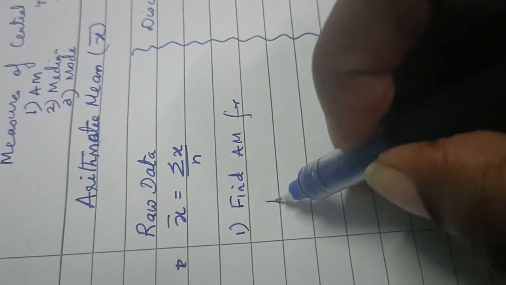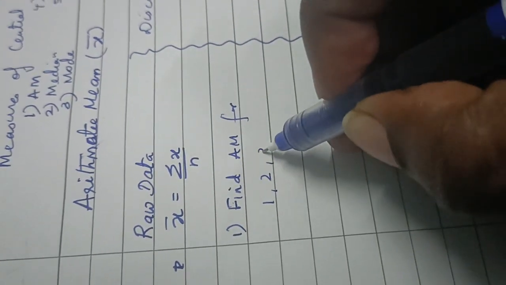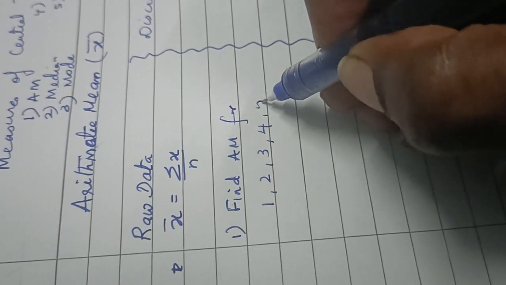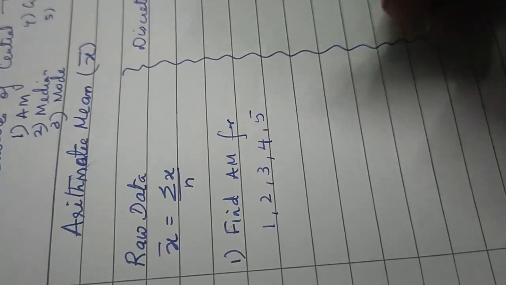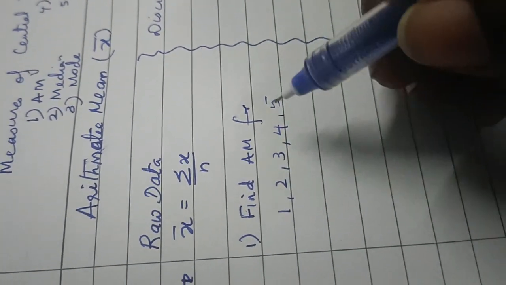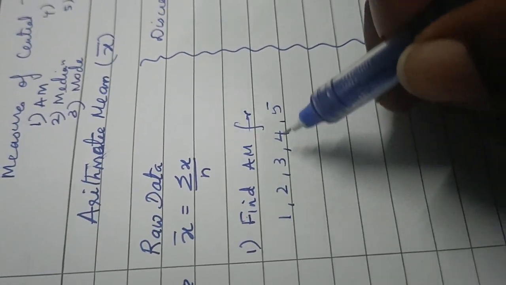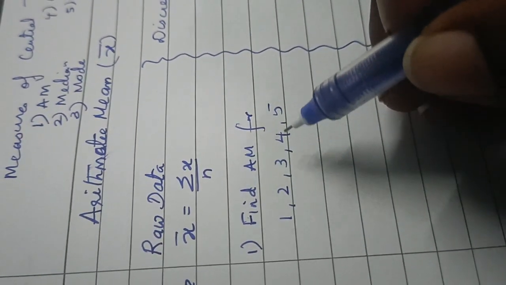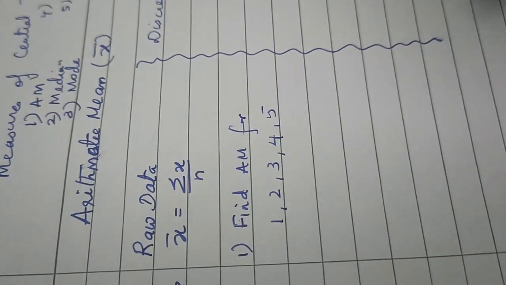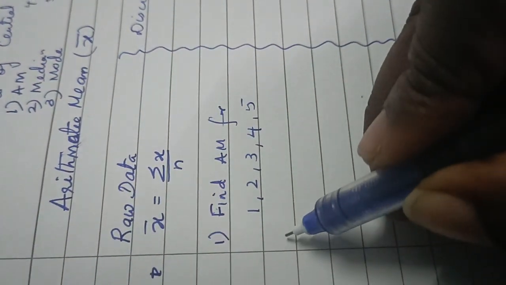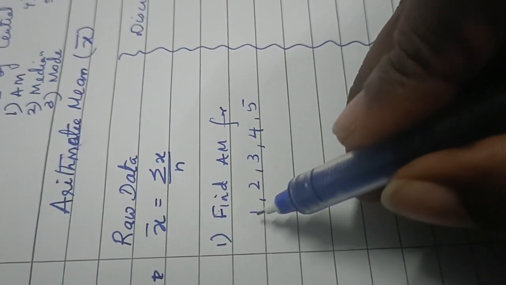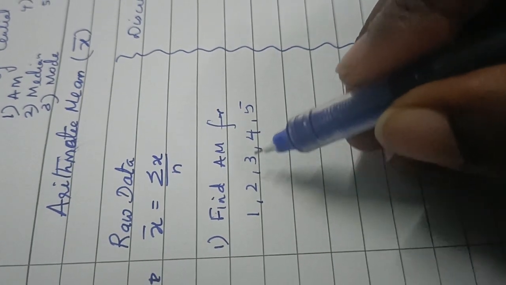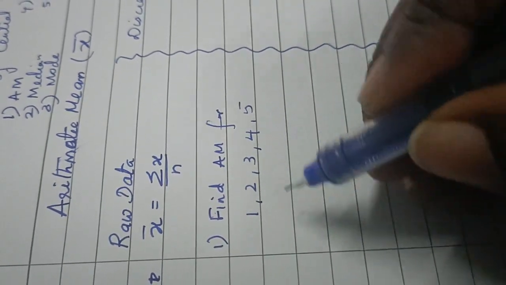This is a very direct, simple question. I am not complicating the question. You have successive values 1, 2, 3, 4 and 5. Now we are going to find the arithmetic mean for this. This is x, which is 1, 2, 3, 4 and 5, and there are 5 values.